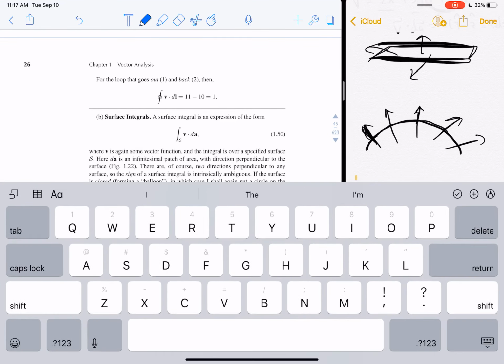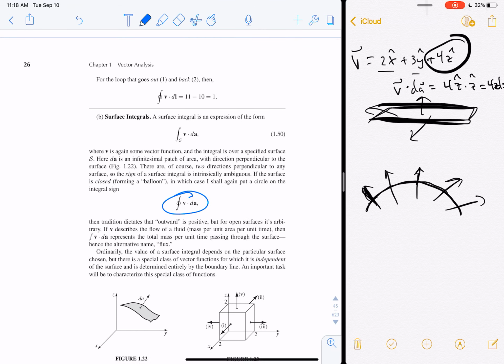You can see why you need an integral, because if your surface looks like this and your vector field looks like that, you're going to want to model this function and get some polynomial or whatever, then dot that into your vector field. So your dA might be a function of x, y, and z if it's not just a nice flat plane.